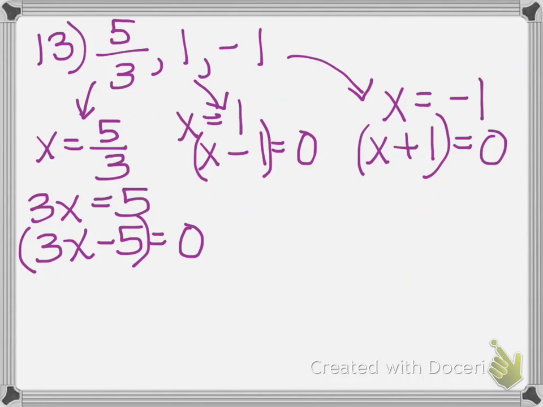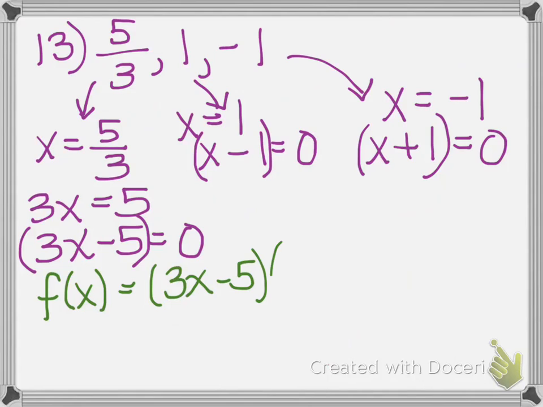So now I'm going to take those 3 factors and write it in my function notation and list out my factors this way. So we're just working backwards from what the beginning part of the worksheet was.